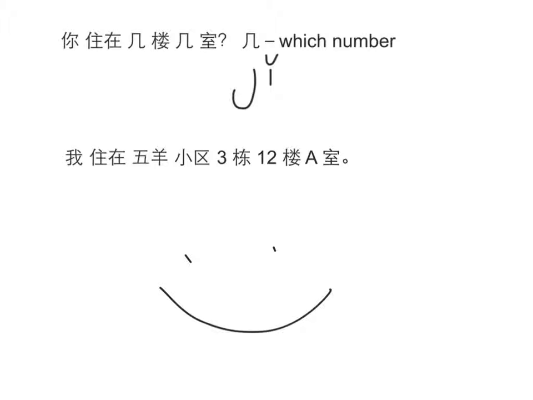And I could answer 我住在五羊小区3栋12楼 A 室. Okay, or I could just simply answer 12楼 A 室. I wasn't asked about which residential community or which building. I was just asked 几楼几室, which floor, which room. So I could just say 我住在12楼 A 室.